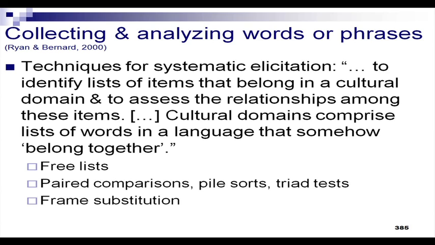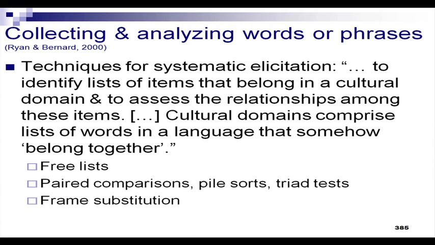So we generate lists of items, lists of concepts that belong in a cultural domain, that belong together, and assess the relationships between these items. Cultural domains comprise lists of words in a language that somehow belong together. They are connected to each other by way of the social milieu that they are a part of.